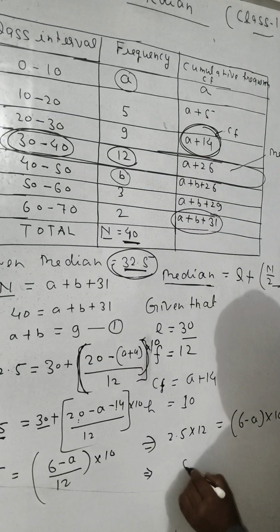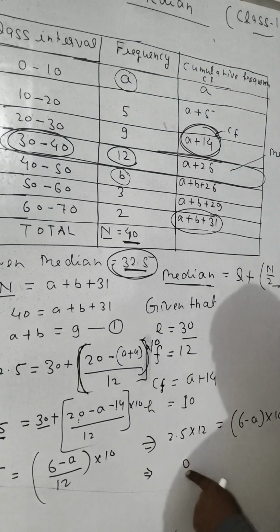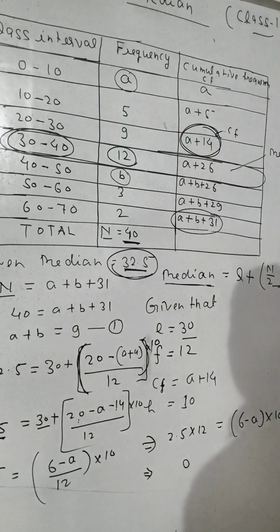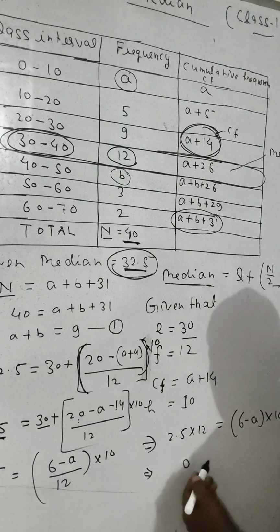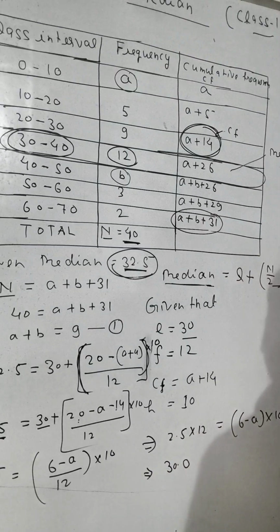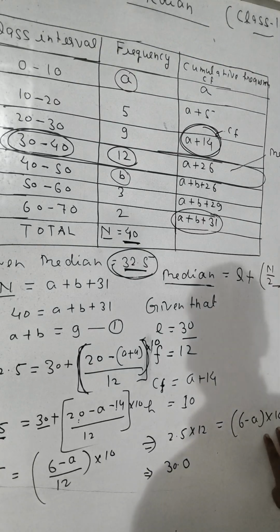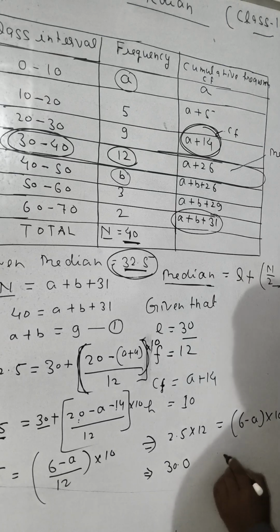2.5 into 12 is 30.0. Very good. So what will happen here?